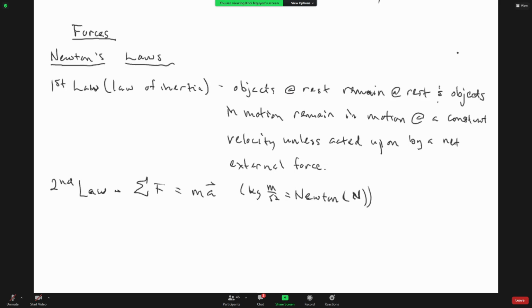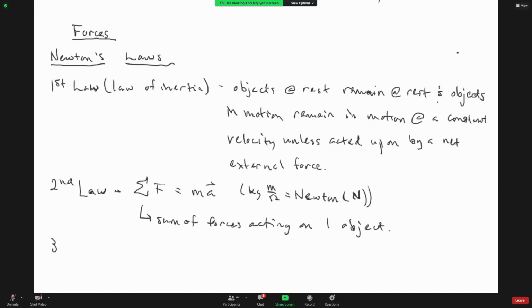So when we talk about Newton's second law, we're talking about the sum of forces acting on one object. And we're going to be doing this again and again and again today when we talk about forces.